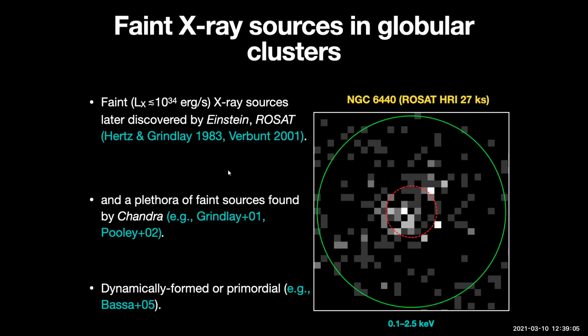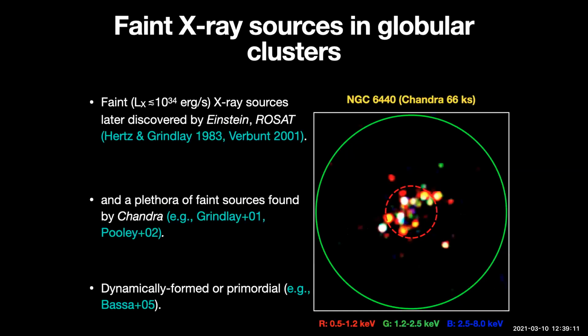Later, with the superior angular resolution and sensitivity of Chandra, a plethora of more globular cluster X-ray sources, especially fainter ones, was revealed. Here's the same globular cluster viewed with Chandra. This nicely demonstrates the overabundance of X-ray sources in the core of the globular cluster.